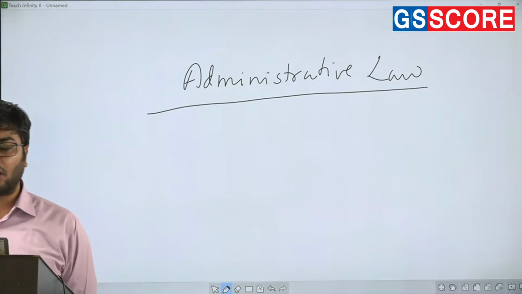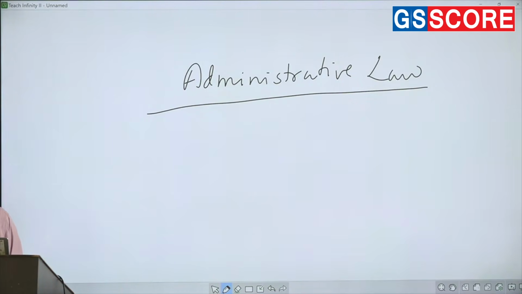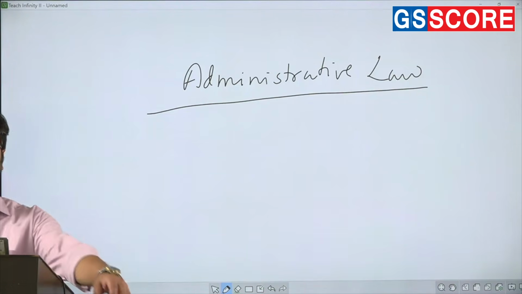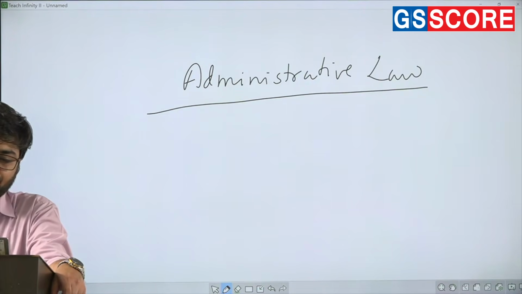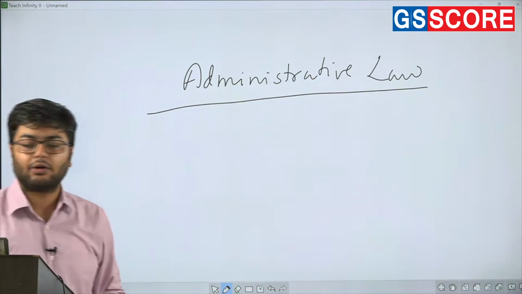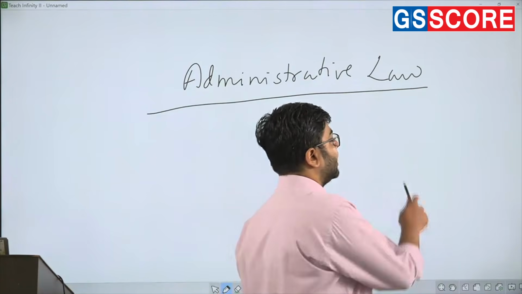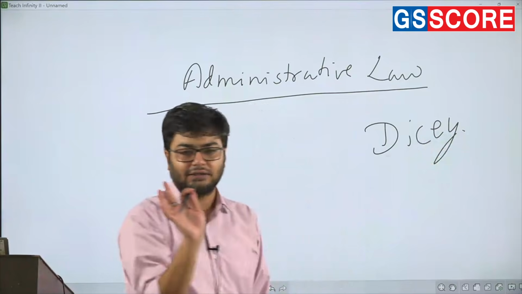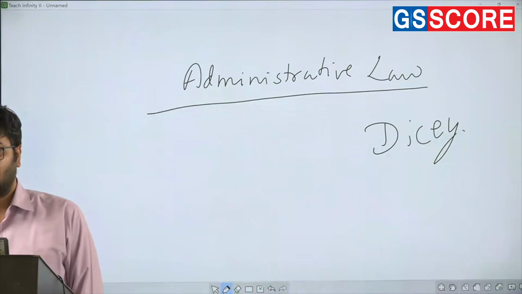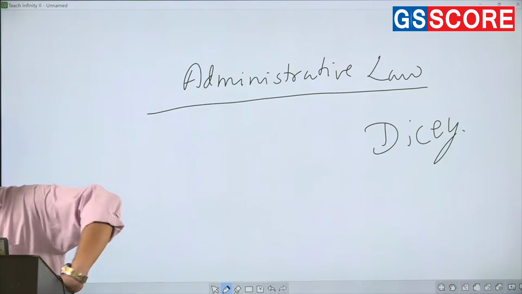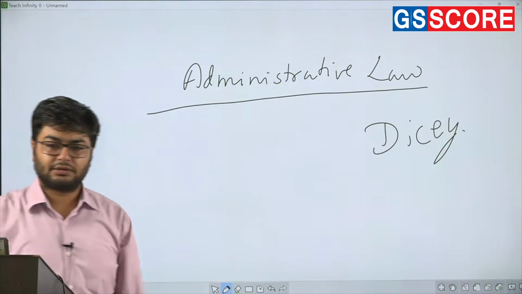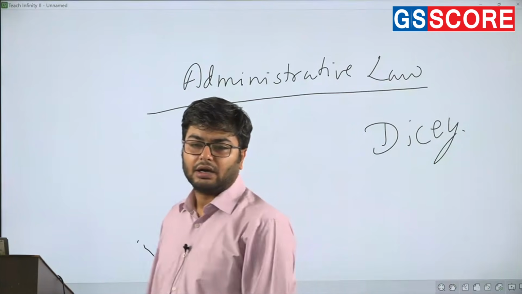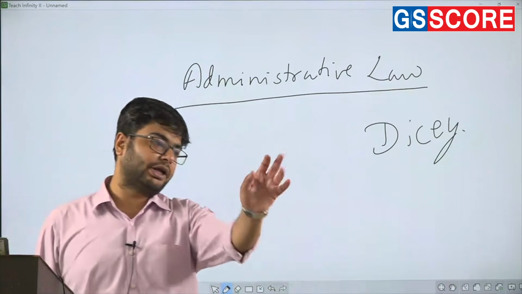Administrative law is the law related to administration. It determines the organization, powers, and duties of administrative authority. Then, of course, I hope you know our very own friend. So this difference between the British and the American perspective, okay, write five points about each.